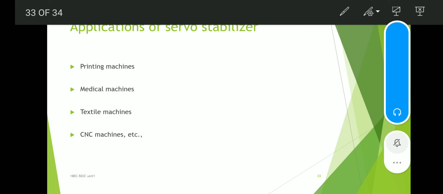That is from the UPS topic. From the servo stabilizer, we can expect what is a servo stabilizer, draw the block diagram of the servo stabilizer, what are the main blocks in the servo stabilizer, or sometimes explain the servo stabilizer with a block diagram. You can expect this question in long answers.